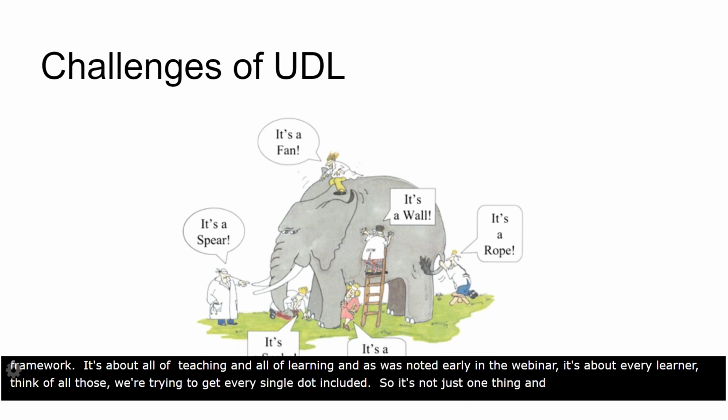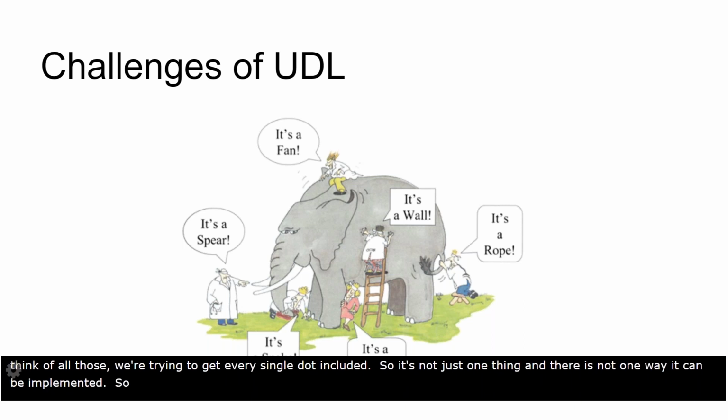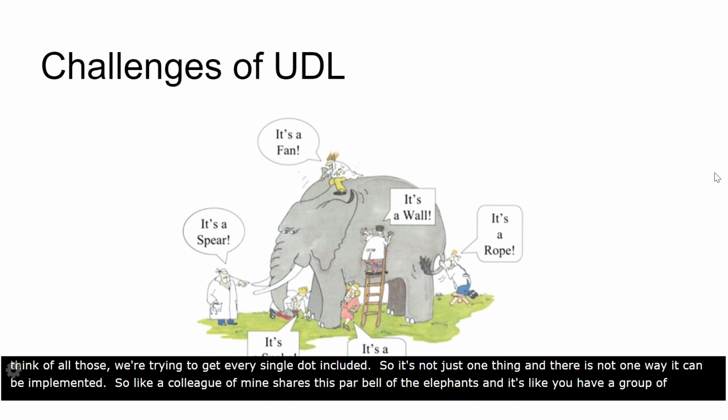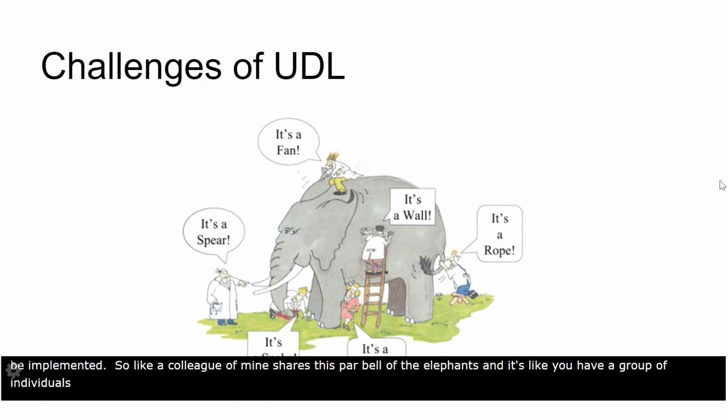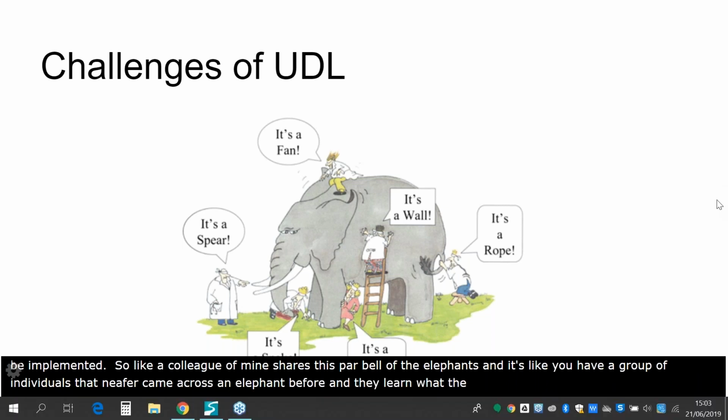A colleague of mine shares this parable of the elephant. Basically the story goes that you have a group of individuals who have never come across an elephant before, and they learn and conceptualize what the elephant is by touching it. Each individual is checking out a different part of the elephant's body, but they're only in one part.